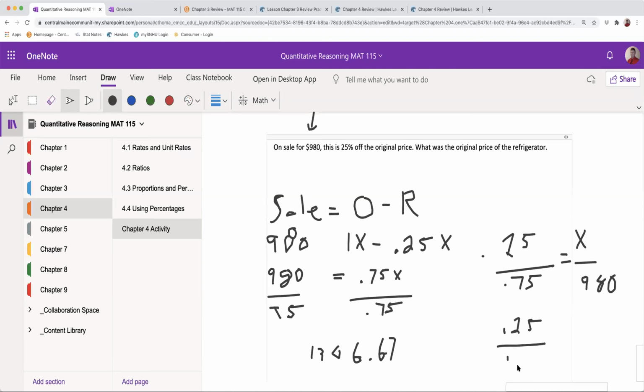Over 100 equals. No, I don't think this will work because I don't think I have my things in the right place. 980 over X. No. I was trying to think if there's a way you can just get to the final answer without having to do the add subtract, but that's not working. I had to think for that one for a minute. But yeah, if you just added, you would have got it. Yep.